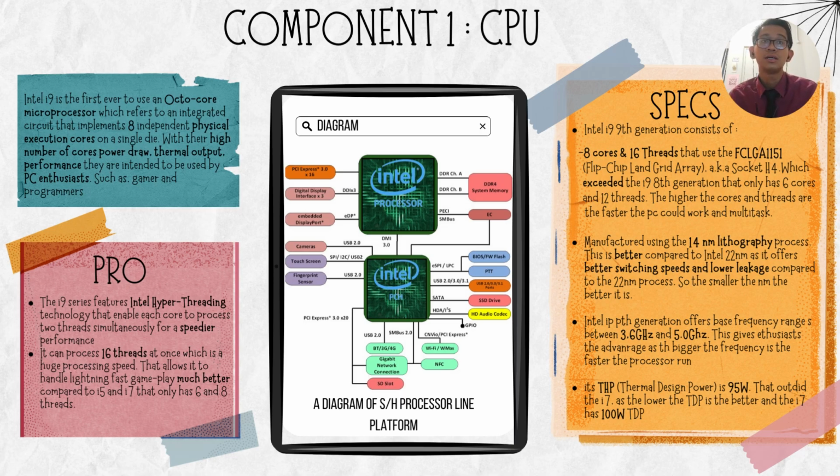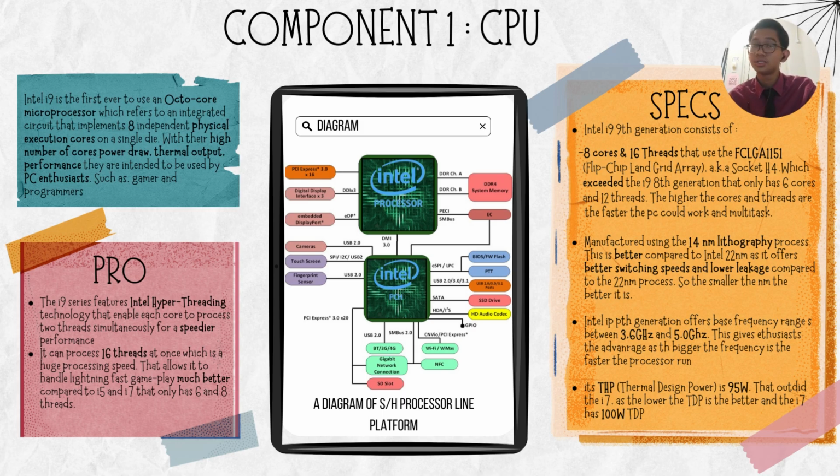Manufacturers use a 14 nm lithography for i9, and the smaller the CPU process, the better it is. The Intel i9 generation offers a base frequency ranging between 3.6 GHz to 5 GHz.